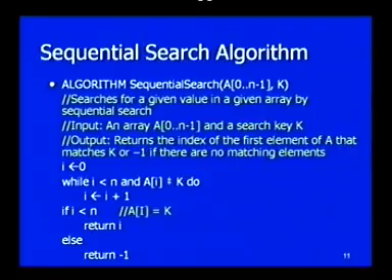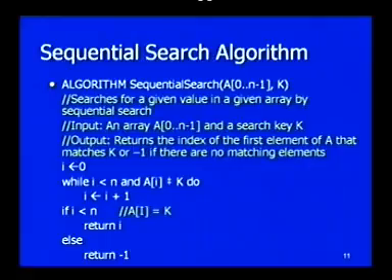We start from the very beginning and search for a key, and if the key is not available, then we go to the subsequent position and keep on checking for the particular key. If the key value is present, then we return the index of that value.